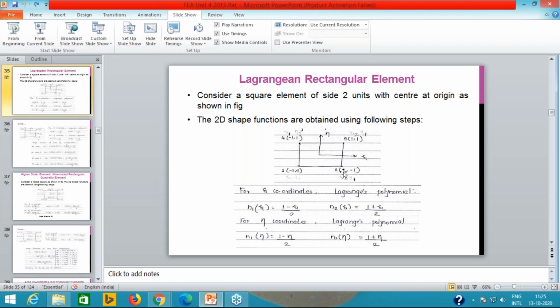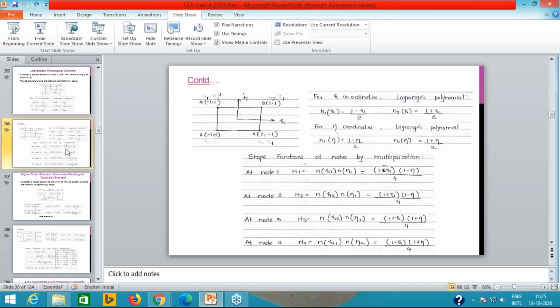For that element we use four shape functions, n1, n2, n3, and n4. And in isoparametric elements we always write shape functions in natural coordinates, that is, in terms of zeta and eta.